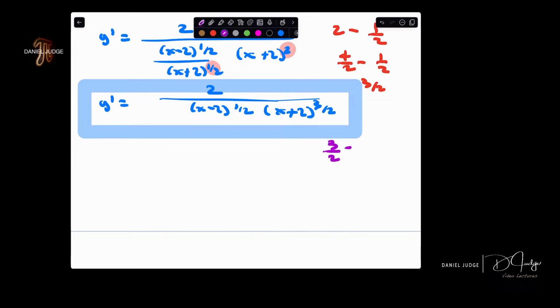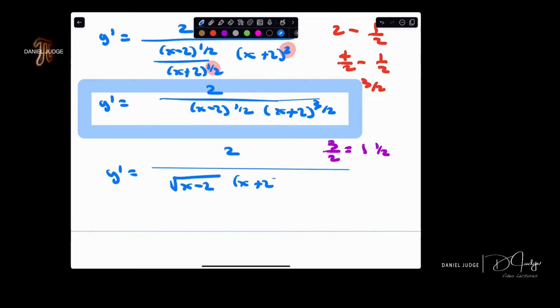3 halves is an improper fraction, which is really 1 and 1/2. So refer back to that video on how to simplify this, which is why I wrote it, because sometimes students looked in the back of the book and they would see the square root of x minus 2, and then an x plus 2, then a square root of x plus 2, and they would not know how the book got that answer.